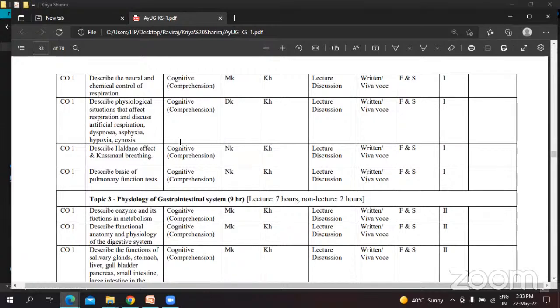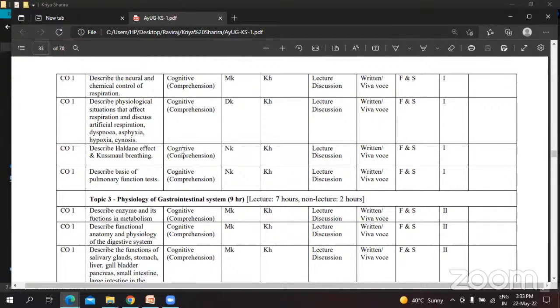So it is not like that we will not be teaching this to you people. We will be teaching everything, irrespective of whether it is from nice to know area, desire to know area, or must know area, right? But what we expect is 100% of students to know everything which is written in the must know category. Is this clear? Yes, sir. So this is essential, right?